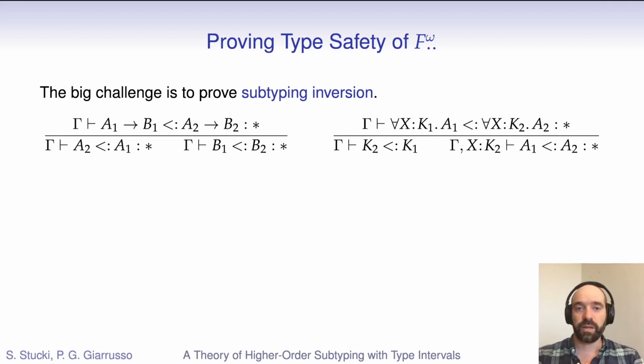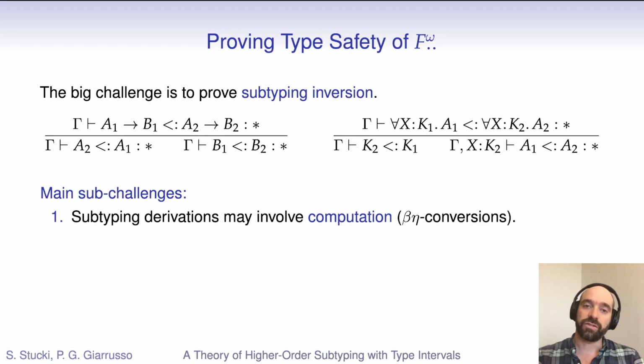The proof of subtyping inversion in F omega int is complicated by the fact that we have type-level computation, but also dependent kinding. One of the main challenges when inverting subtyping in a system with type computation is that in the middle of a subtyping derivation, we may encounter a beta reduction or an eta expansion.